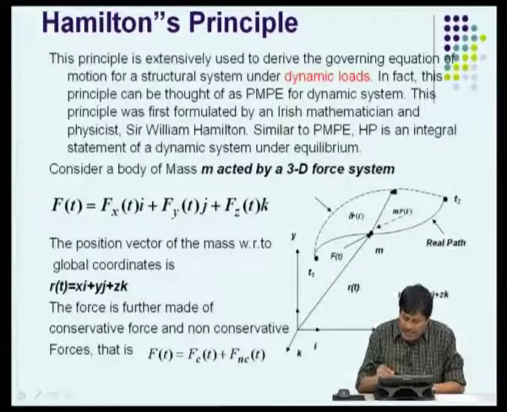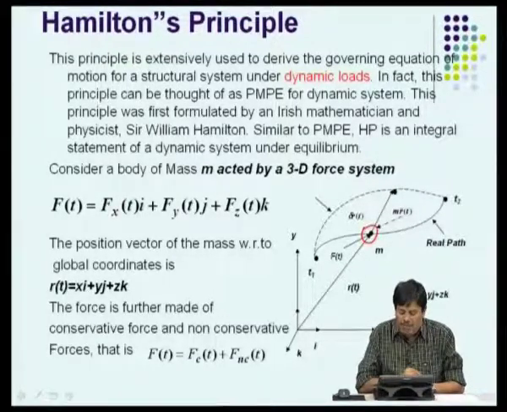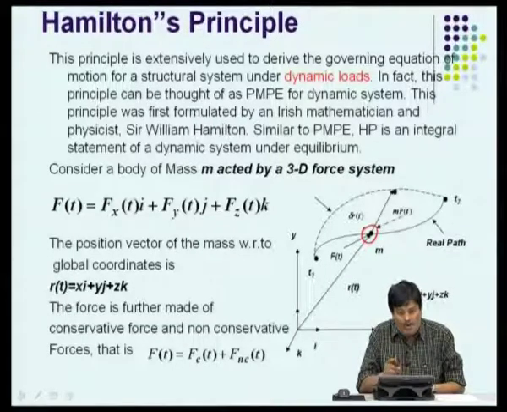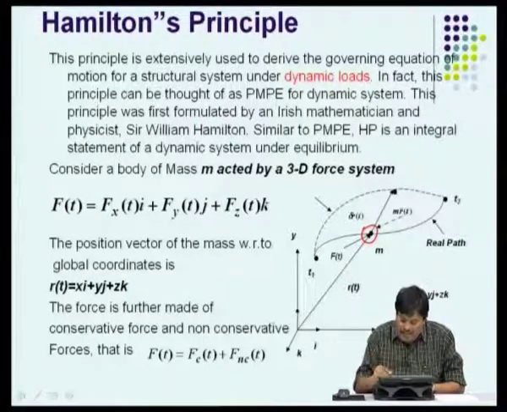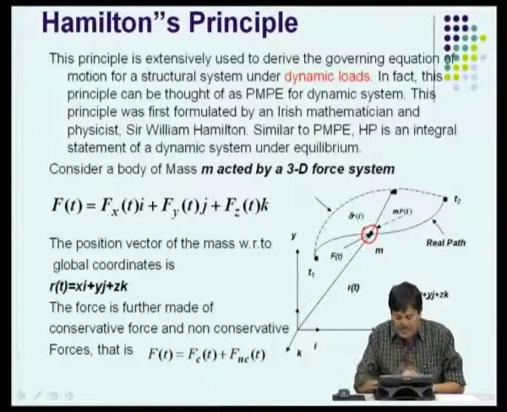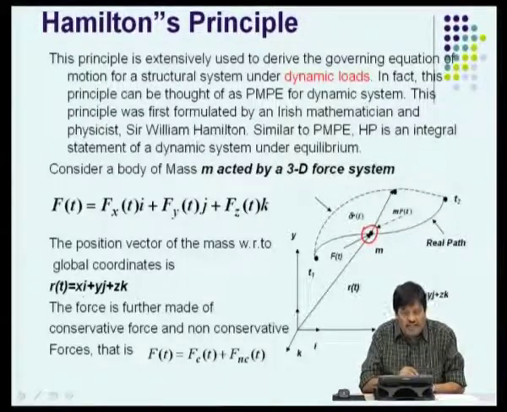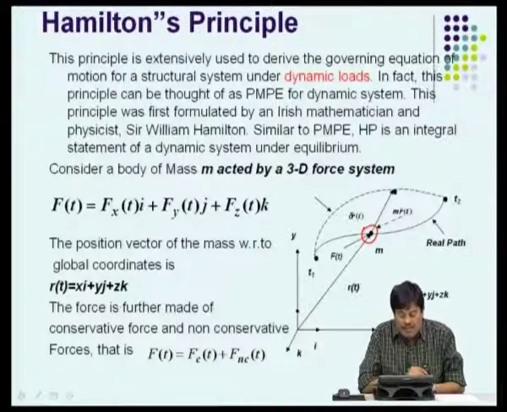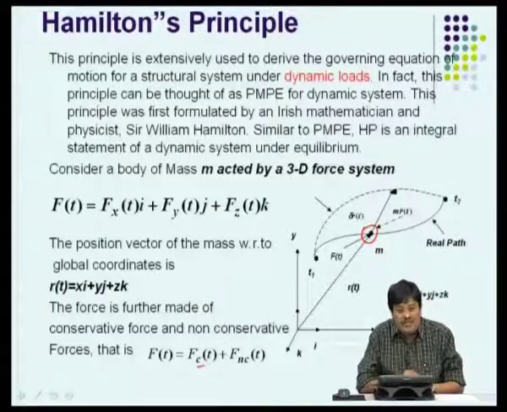So, consider a mass here which is acted upon by a force F, which has three components Fx i, Fy j and Fz k, all time dependent, and let this mass be located at a position vector r, which has coordinates xi, yj and zk. These forces can be further divided into conservative and non-conservative forces.